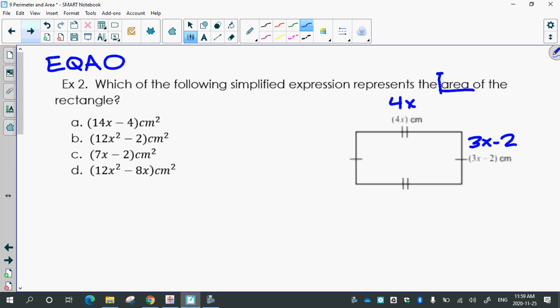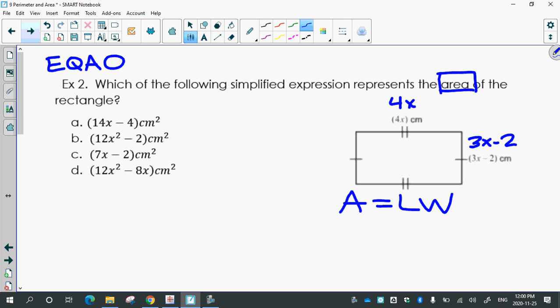This is the important word, area. As I was walking around, I saw lots of people starting off their area question with area equals length times width.